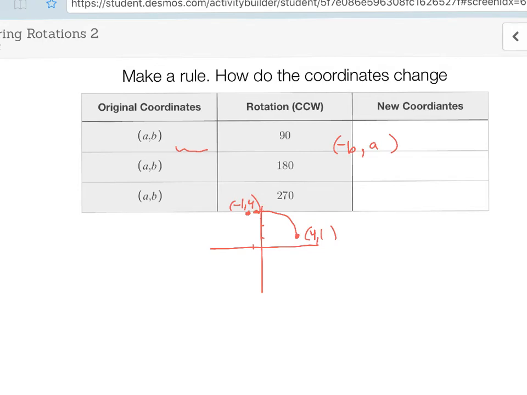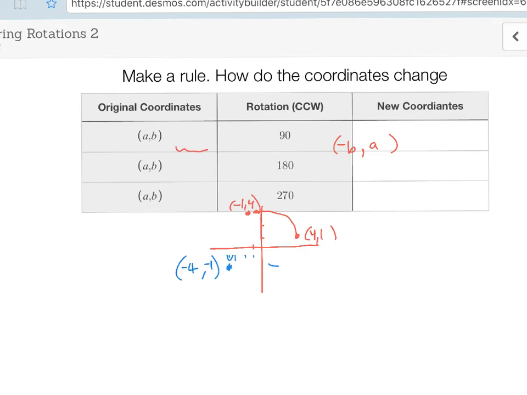Okay. Now, what if we rotate it another 90 degrees? So it'll be 180 degrees. So it'll be like this. It's going to end up over here. What's that coordinate? Well, it's going to have the same numbers, just mixed around. It's going to be right 4, down 1, or actually left 4, down 1. So that's -4, -1.